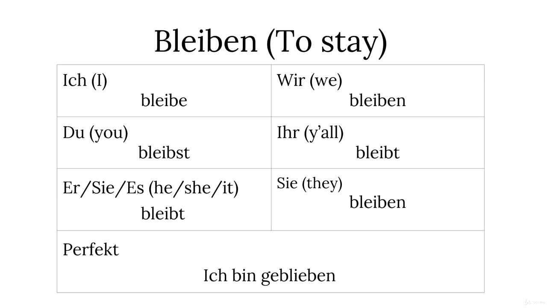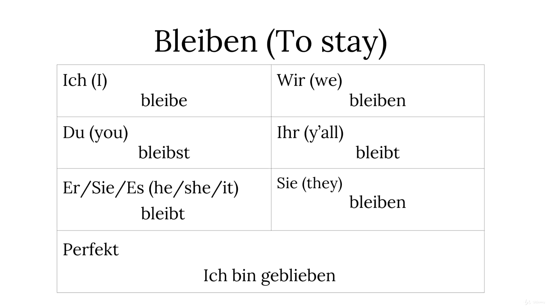This verb is one of the exceptions I talked about. To stay is obviously a verb where you don't move. However, in the German language, you use the verb sein if you want to say the verb bleiben in the Vergangenheit. In the present, it goes like this.